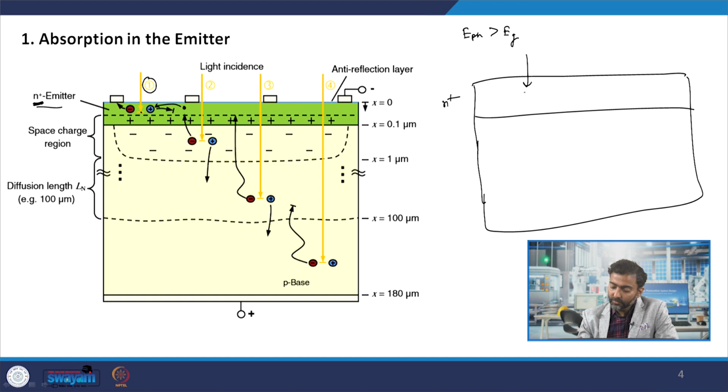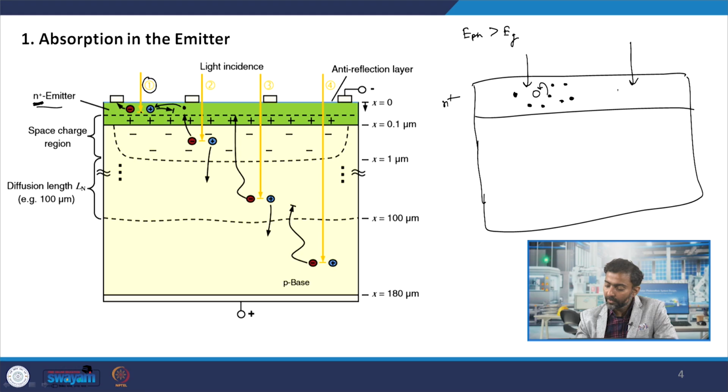As soon as your photon gets absorbed, you create one electron and one hole pair, then there are so many extra electrons already there, because this is the n plus emitter, with very heavy doping of electrons. So, as soon as you create this electron hole pair, suddenly another electron comes and sits in that vacancy.